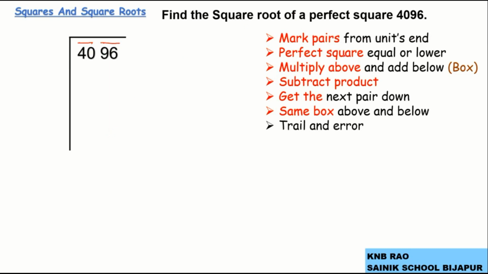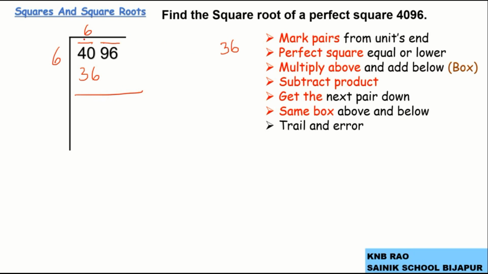Next, choose such a perfect square equal to or less than the leftmost pair. Here I can straight away say 36 is closer. So 6 6s are 36.